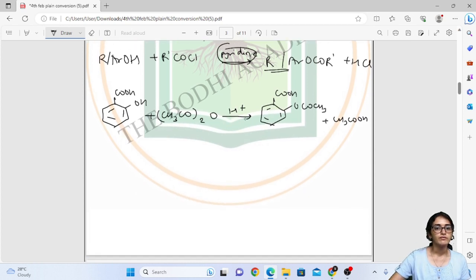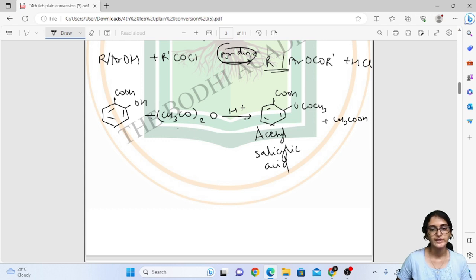Then we will see the reaction to produce an important compound, that is acetyl salicylic acid, which is also called aspirin. Here we take salicylic acid and add an anhydride to it, in the presence of some acid.